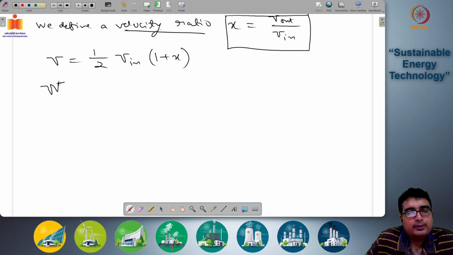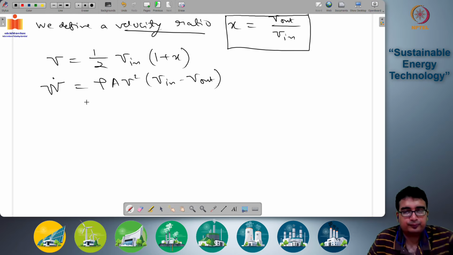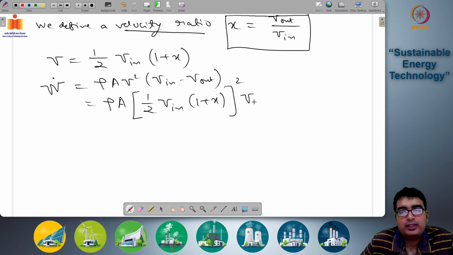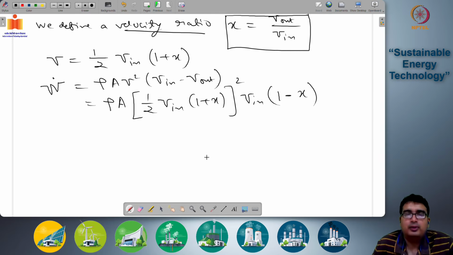Now if we put this expression V equals half V in into 1 plus X, and remember what W dot is? W dot is rho A V square V in minus V out. So we can write rho A, instead of V square we will put this expression. So half V in 1 plus X whole square, and we take V in out here, 1 minus X. Alright.